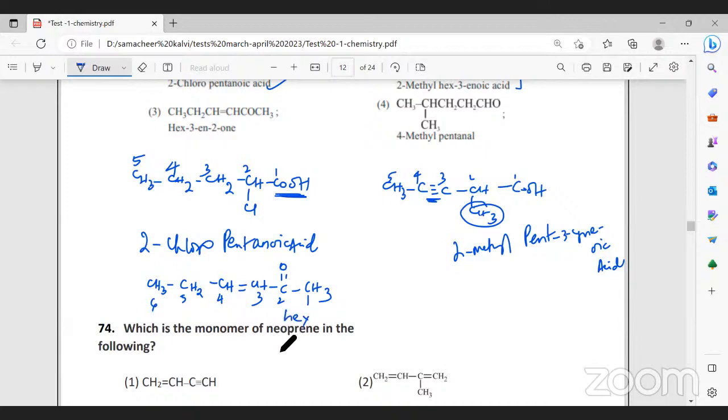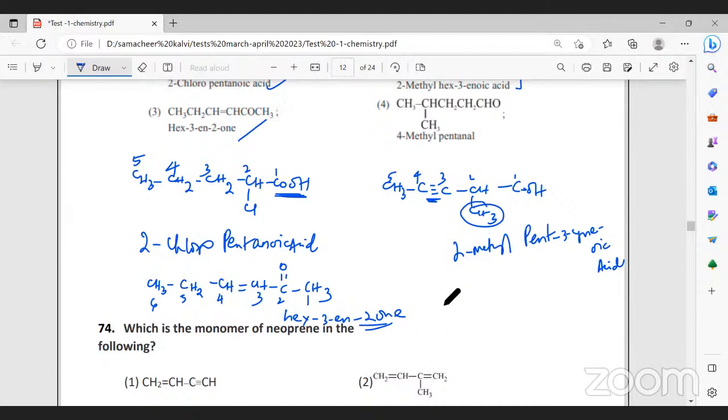So the root word is hex. At third position, we have a double bond, therefore hex-3-ene. And at second position, we have a ketone group, therefore it is 2-one. Hex is the parent molecule. This is named correctly.